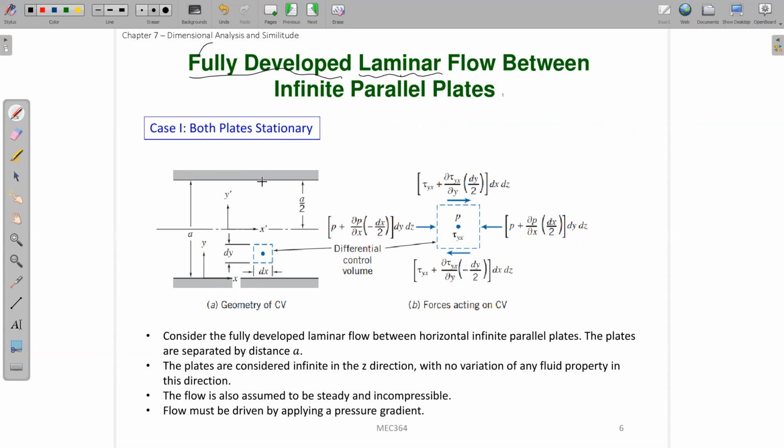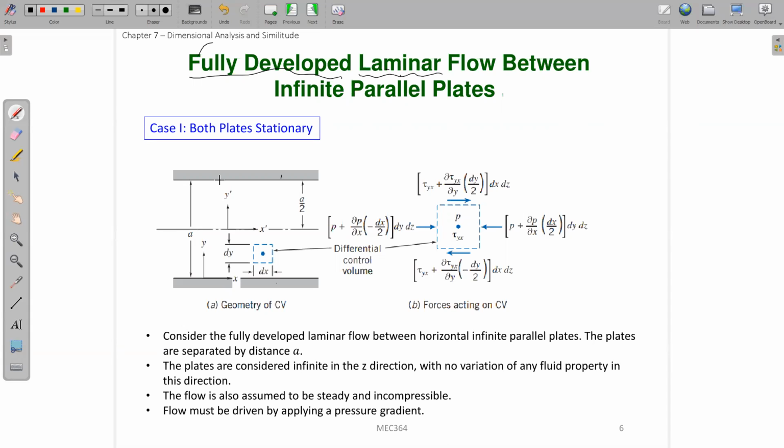The first case is that both plates are stationary, which means the top plate and the bottom plate are both stationary. These two plates are separated by a distance of a. So the distance between the two plates is a.